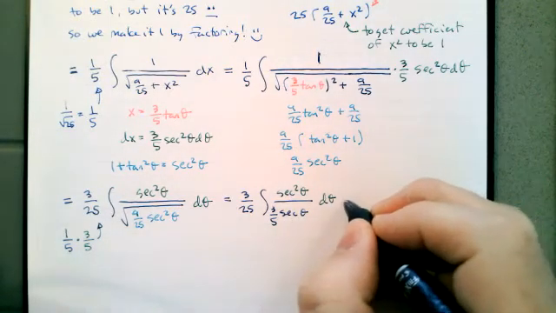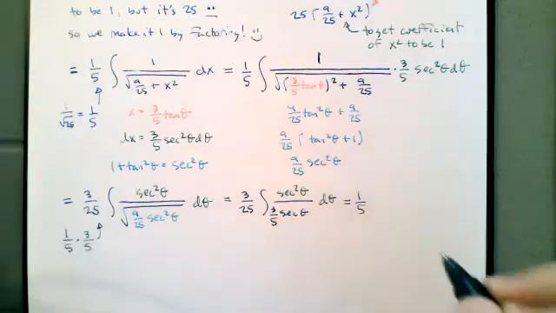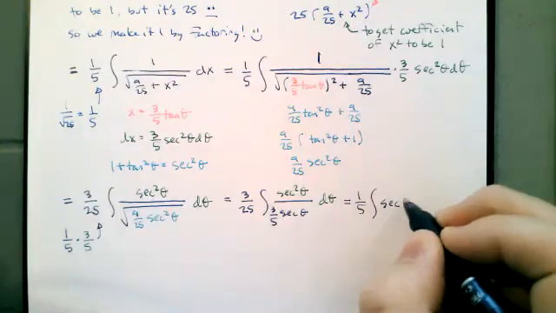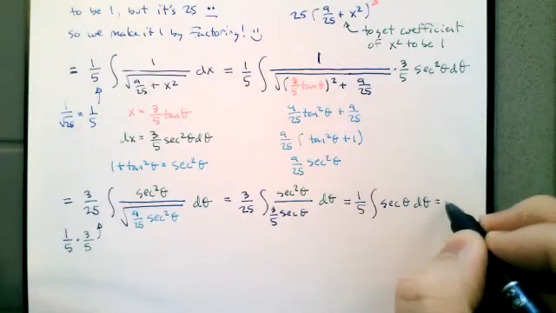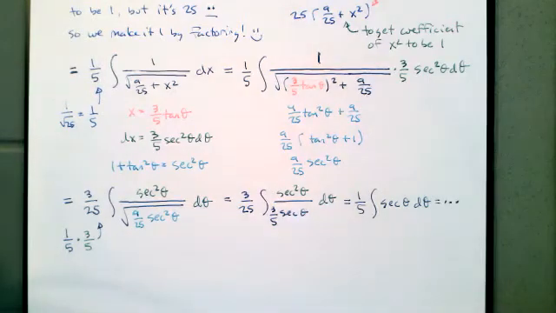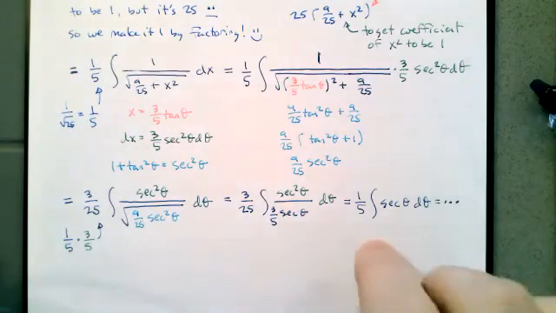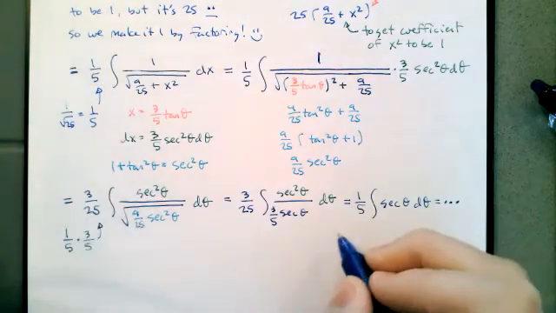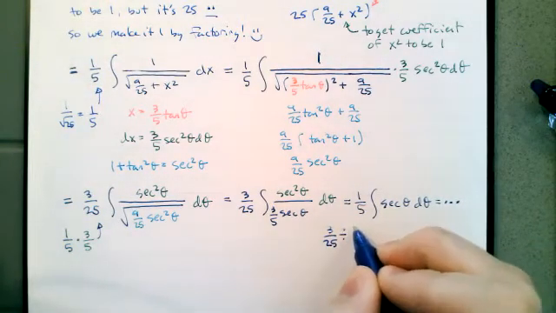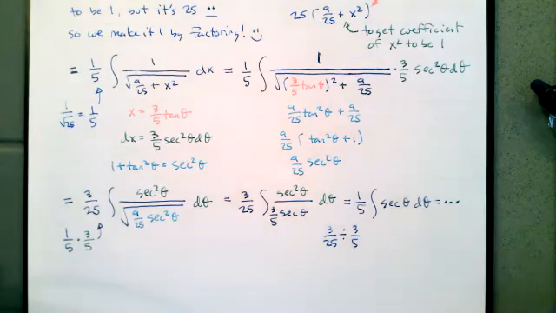So we end up with 1/5 times the integral of just secant theta d theta, which is one that we know how to do. So this 1/5 coefficient is 3/25 divided by 3/5, which is 3/25 times 5/3.